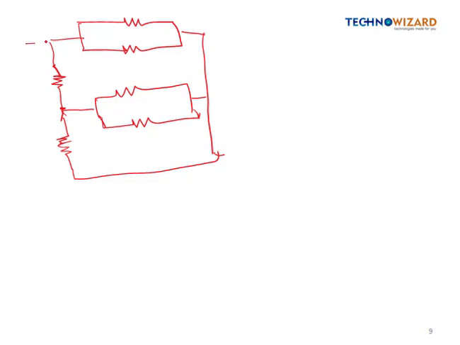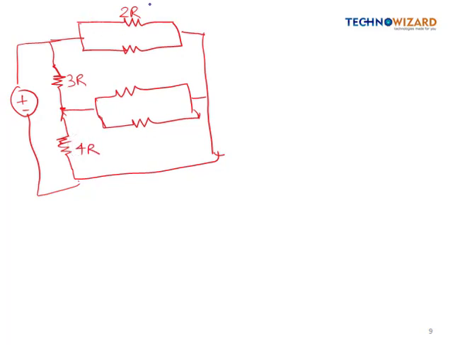And there is a voltage source, right? I will only put the values in which we are going to apply the KVL. So this was 2R and it was 3R and it was 4R, right?